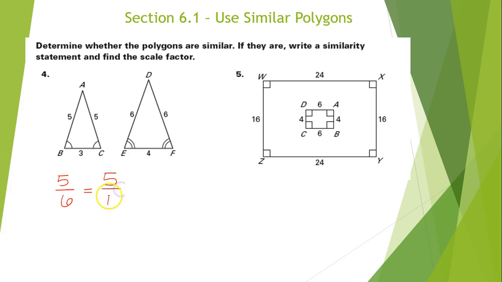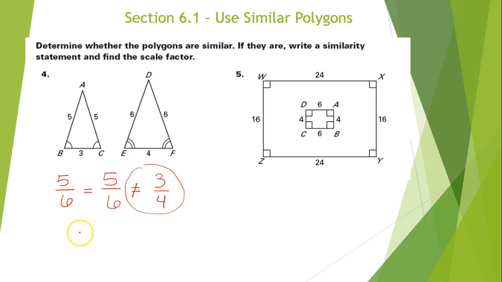It's the same numbers. And then this side over here, BC over EF, should be equal to 3/4. Well, 5/6 is not equal to 3/4. This last part of our statement makes these two triangles not similar.